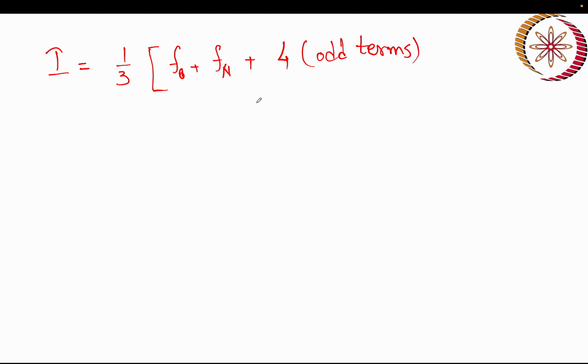So this general integration can be written as h by 3 times f0 plus fn, plus 4 into the odd terms and 2 into the even terms.